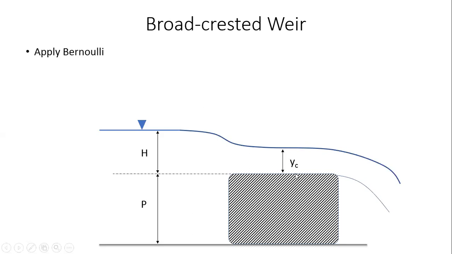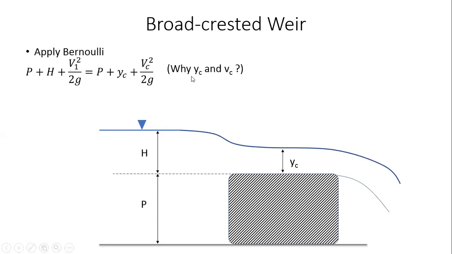I want you to think about why this is the case. So let us apply Bernoulli between cross section 1 and 2. It will be capital P plus capital H plus V1 square by 2g equal to capital P plus YC plus VC square by 2g, right? VC square by 2g is the velocity corresponding to this critical depth YC.